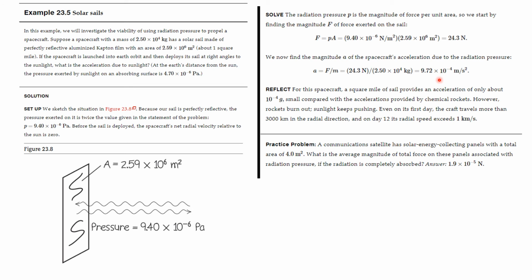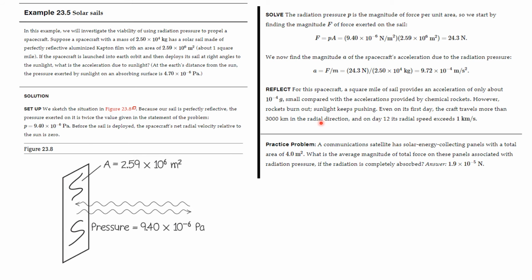Now you might say, well, that's a puny acceleration, and this is 9.72 times 10 to the minus 4 meters per second squared. For this spacecraft, a square mile of sail provides an acceleration of only that. And that's small compared with accelerations that you could get with chemical rockets.